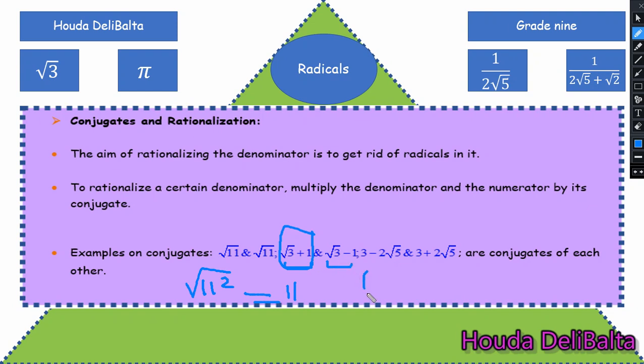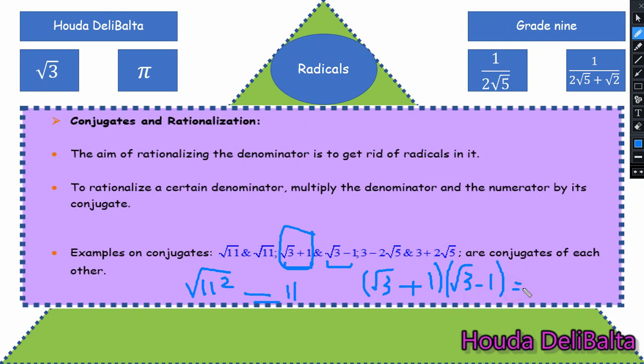Why? Let's explain why. If I have radical 3 plus 1 to be multiplied by radical 3 minus 1, applying the identity you've known since grade 8, which is the difference between two squares, this represents a plus b and this represents a minus b.